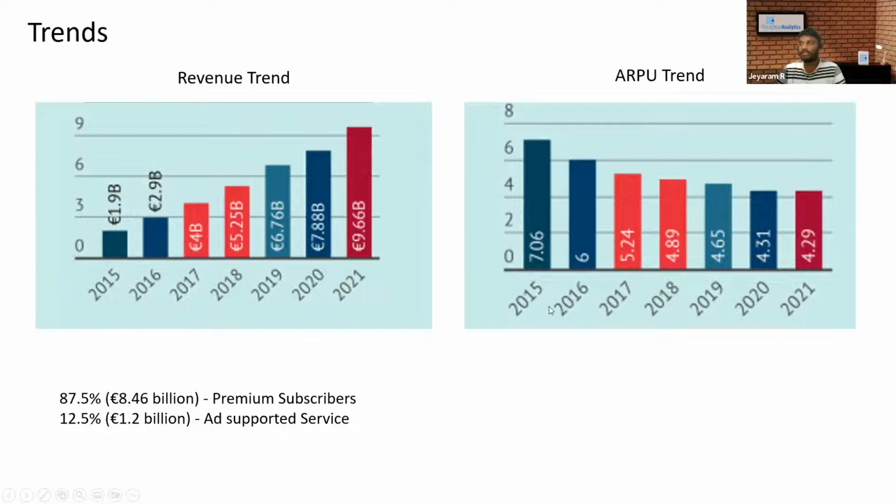On the other side, the average revenue per user in 2015 was somewhere around 7.06 euros, and now it has come to 4.29. This clearly says the volume of business is definitely increasing. Though there is a reduction in average revenue per user and an increase in revenue, the number of premium subscribers has increased a lot in recent days. That could be one of the possible findings from this.